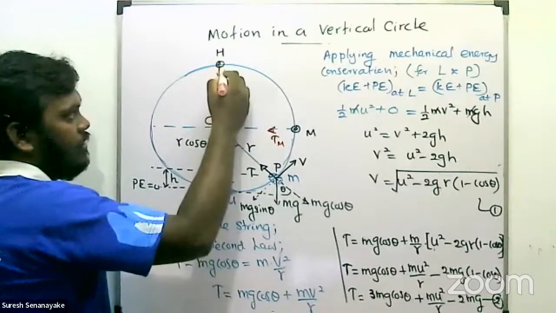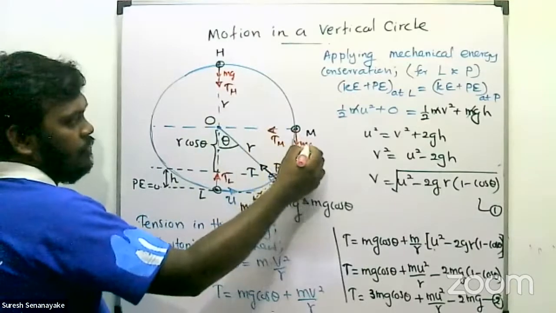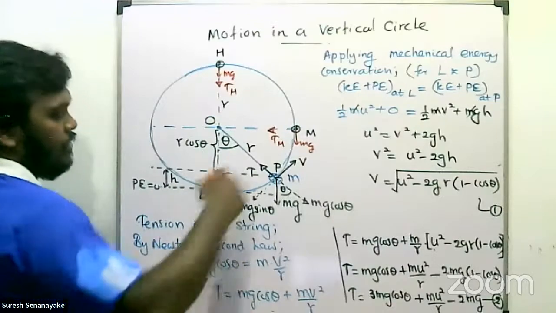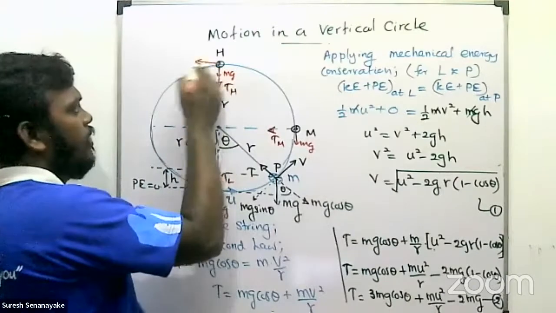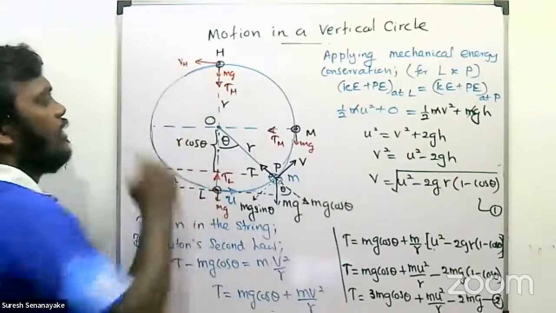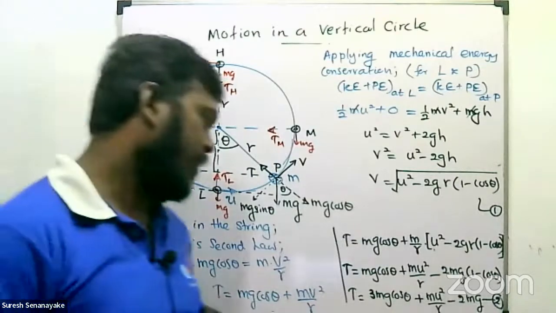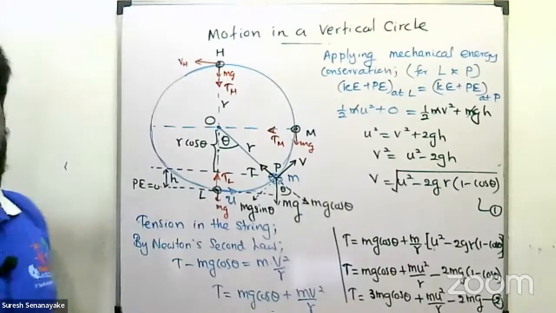The weight is applied down here, here and here, along with the tension. The velocity at the middle position is Vm, and at the highest point let's say Vh. With the different angles, you can get the velocity and tension values.